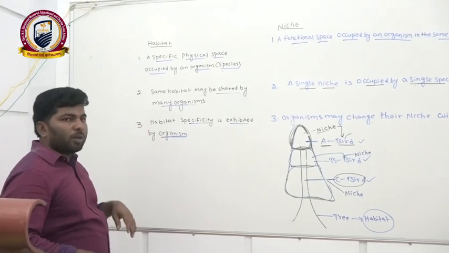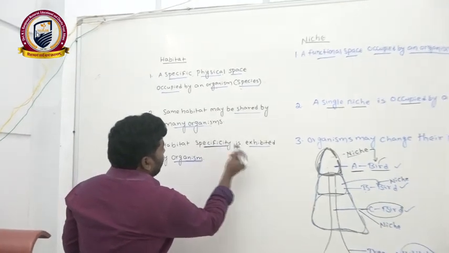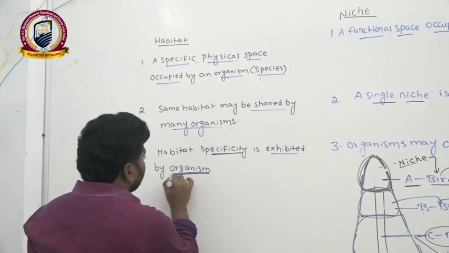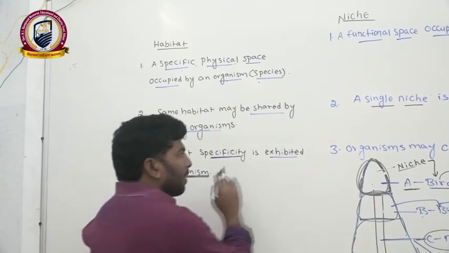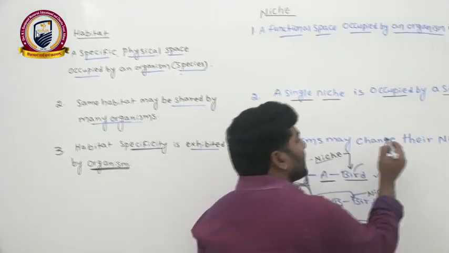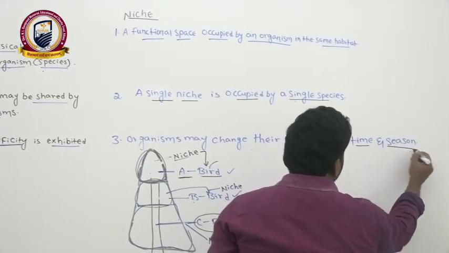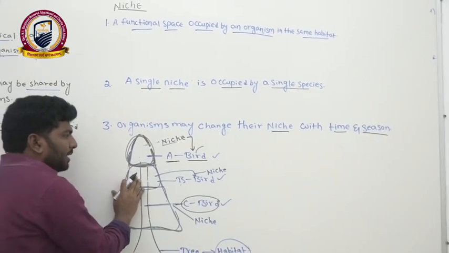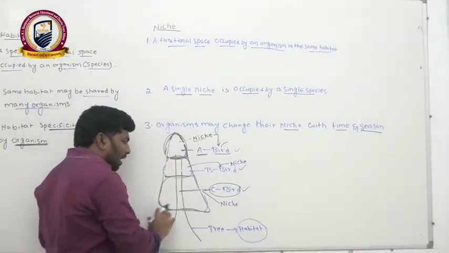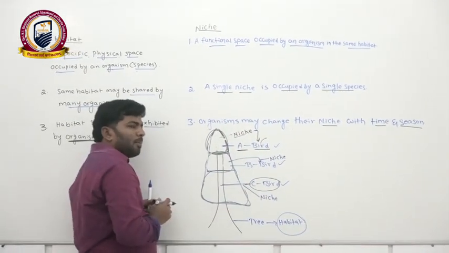The last point, one more time I will tell you. Habitat specificity is exhibited by organisms. Organisms may live in the same habitat, but organisms may change their niche according to time and season. For example, this tree is the habitat for these 3 varieties of birds.